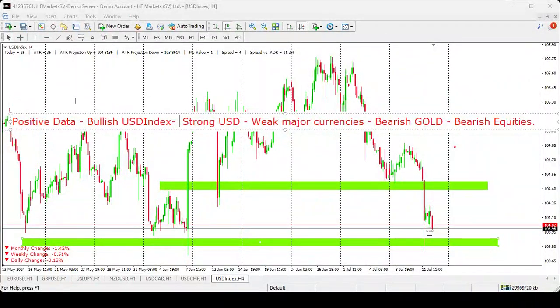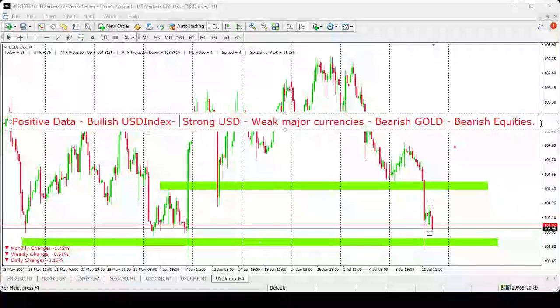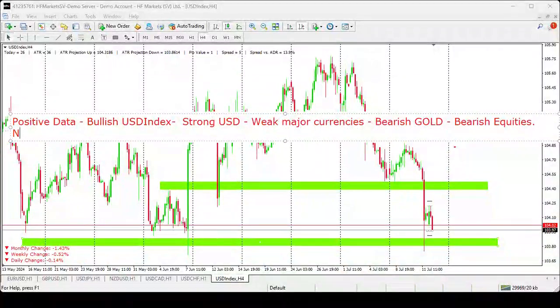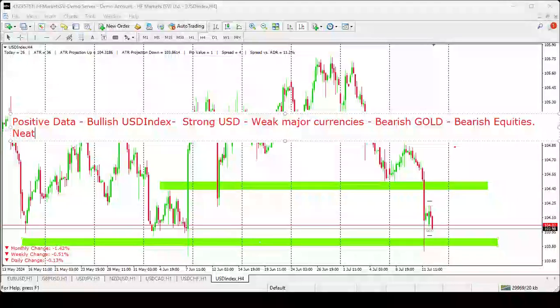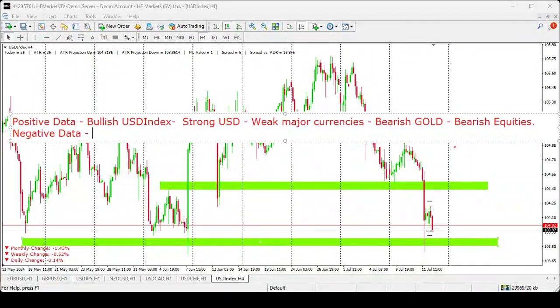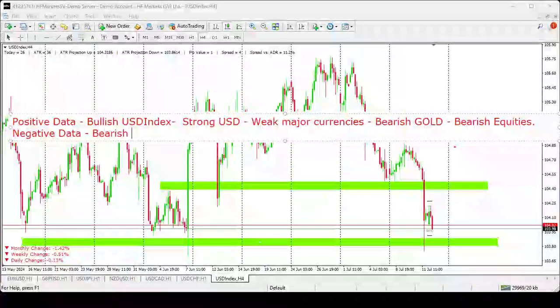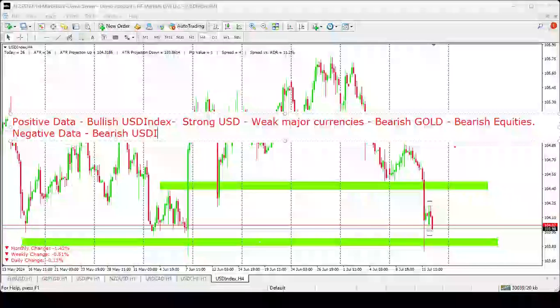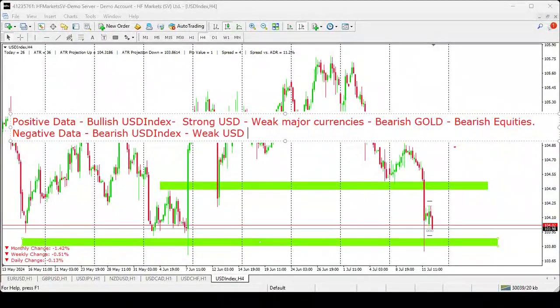But then the opposite happens when you have a negative data. So in the case where you have a really negative data with very nice variance, you can expect bearish USD index, which means I can look for a sell on the USD index. Like I just mentioned, it is tradable, and that should give me weak USD, but at the same time, that should give me strong major currencies.